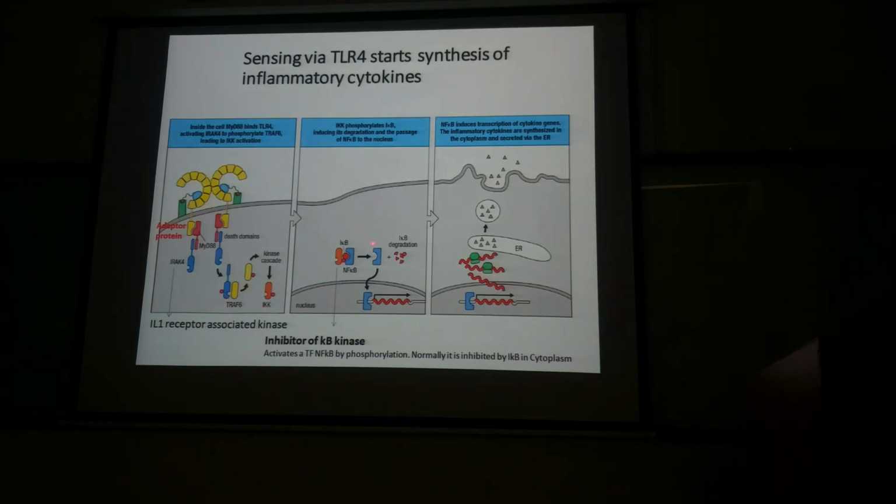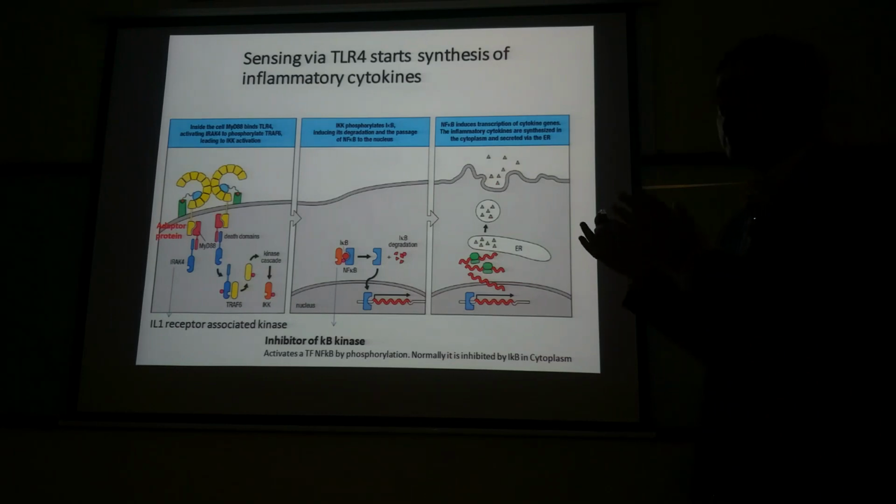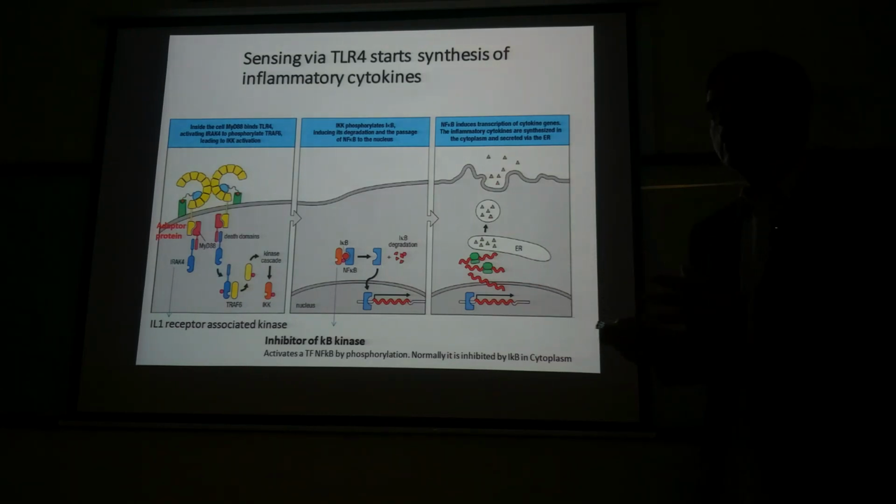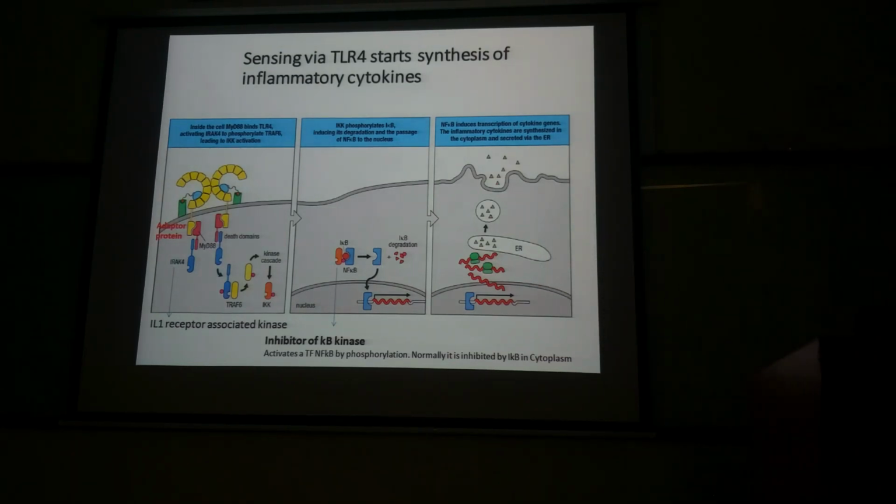IKK now is going to phosphorylate this, and this phosphorylation would release nuclear factor kappa B, and this factor would be translocated into the nucleus. It's a transcription factor, and the job of a transcription factor is to go inside the nucleus and start transcription of particular genes.